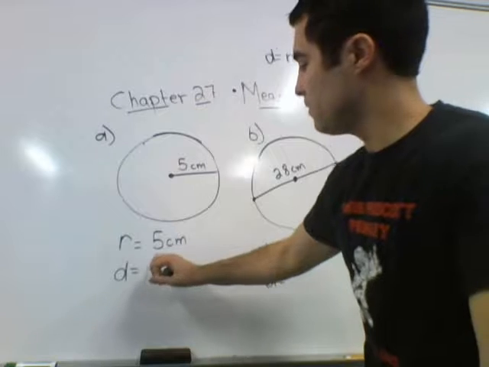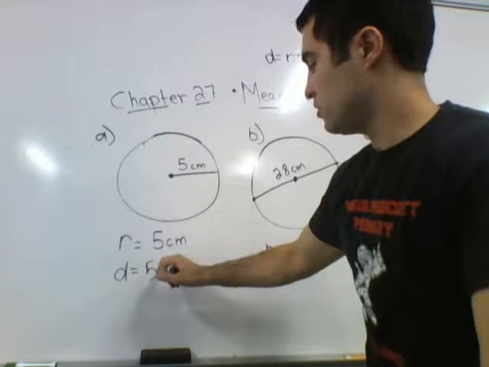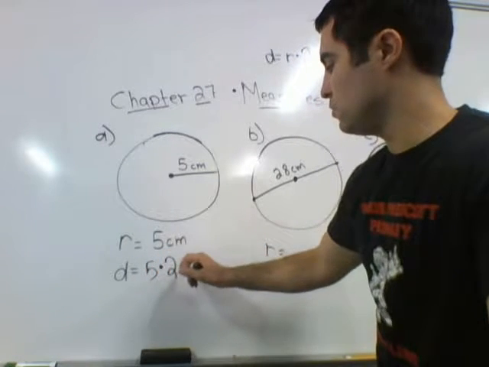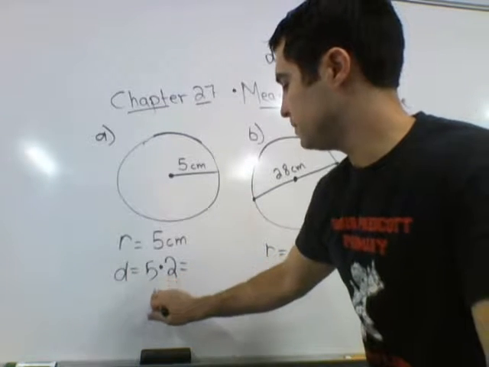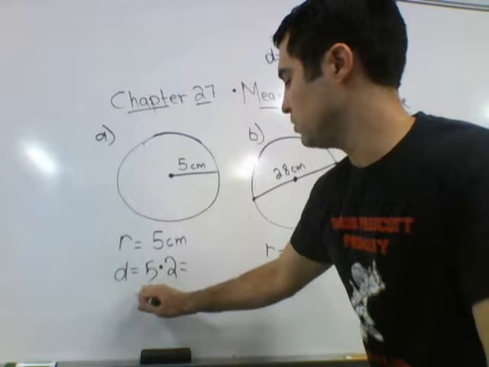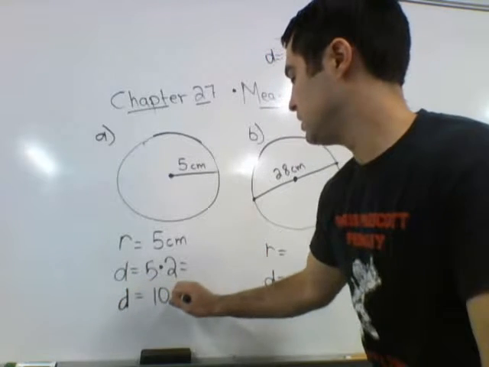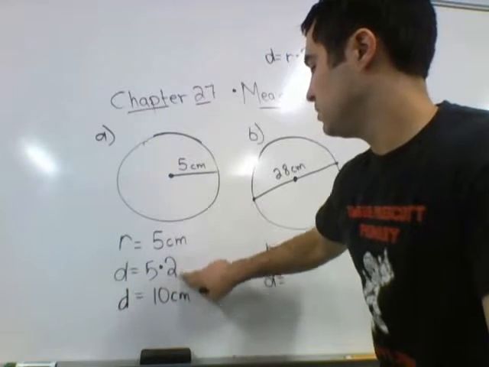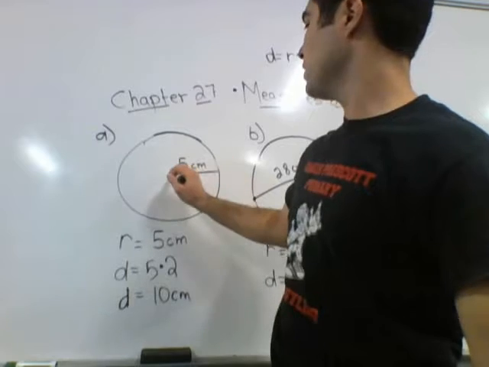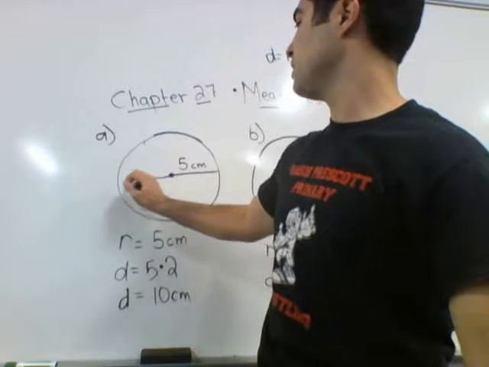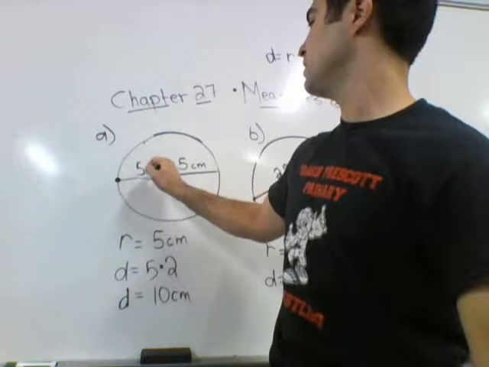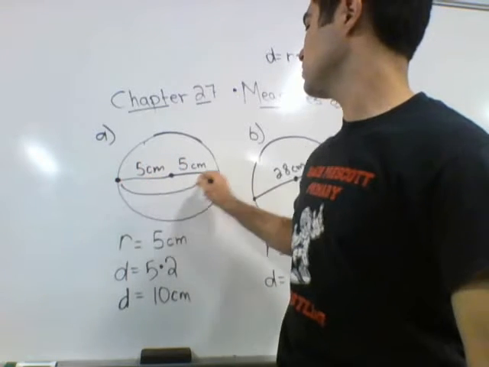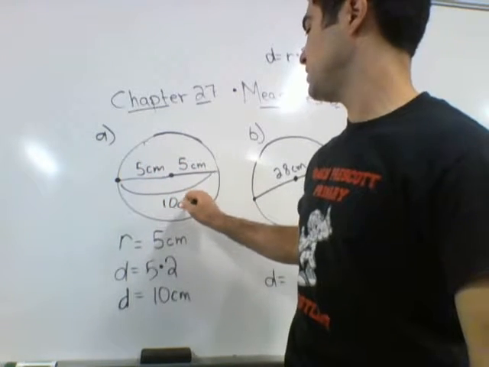So we're going to take 5, that's our radius, times 2, which is equal to 10. I'm going to write 10 below. 10 centimeters. Makes sense. If you went halfway across, that's 5. If you went another halfway, you'd have another 5 centimeters. The whole distance would be 10 centimeters.